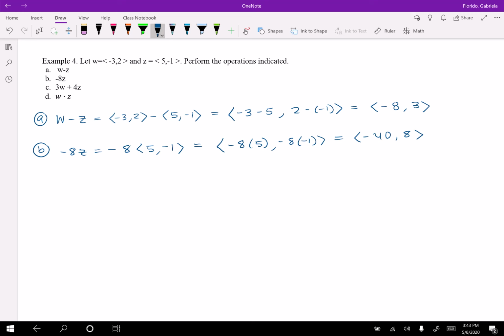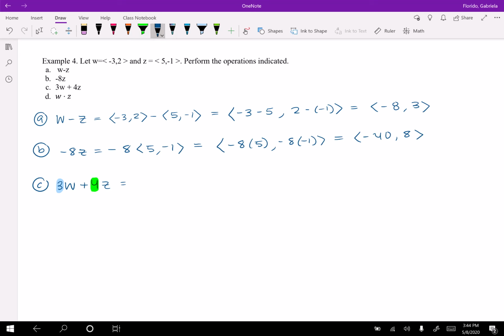Let's try C. Maybe I'll use a little bit more colors here. So we want 3 times the vector W plus 4 times the vector Z. I'm going to highlight 3 and I'm going to highlight 4, maybe in green.